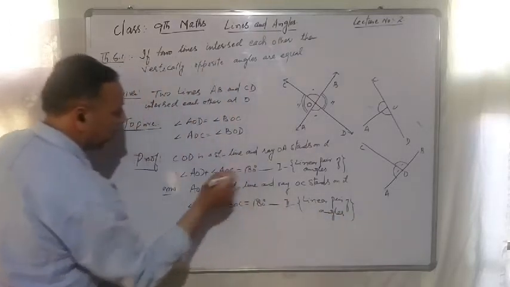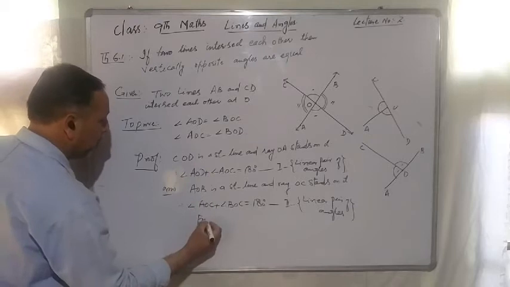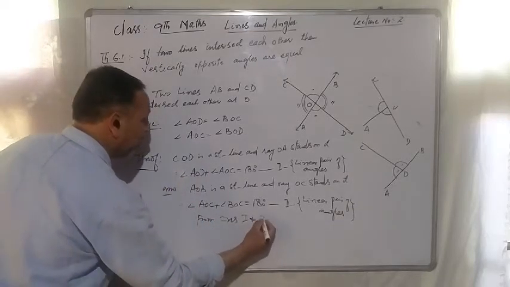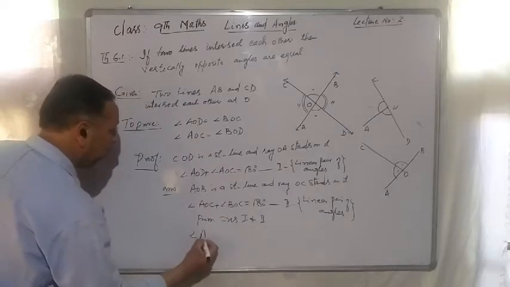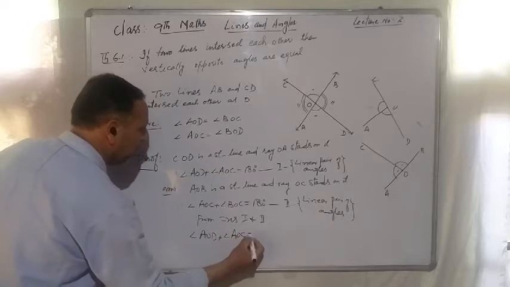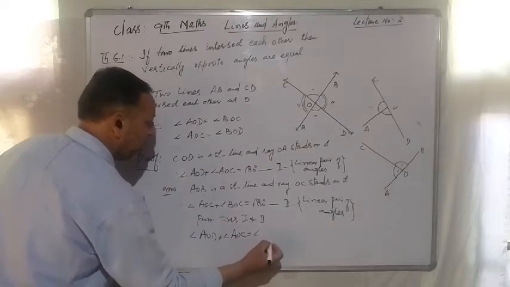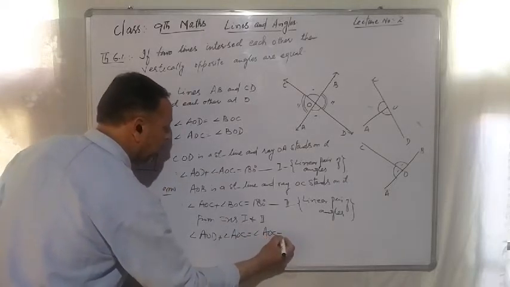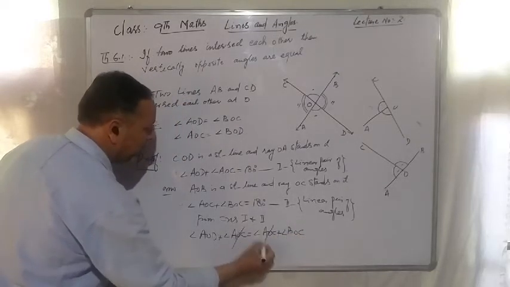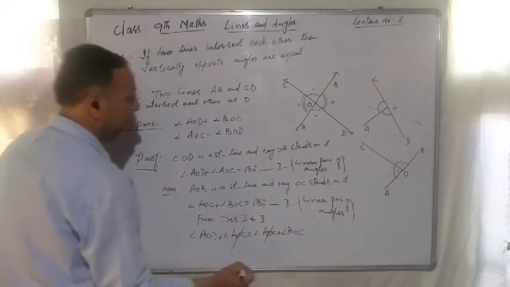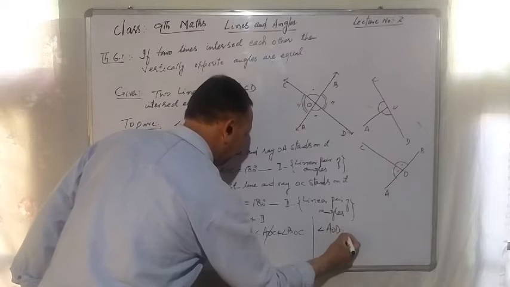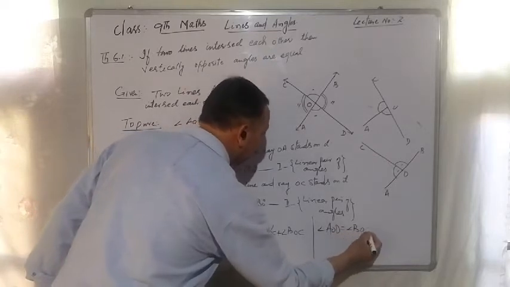Now from equations first and second, we have angle AOD plus angle AOC is equal to angle AOC plus angle BOC. Here angle AOC and AOC cancel. Then we have angle AOD equal to angle BOC.